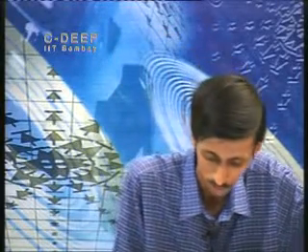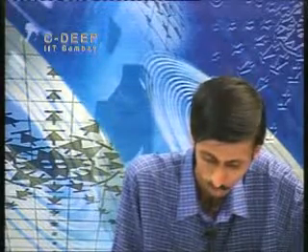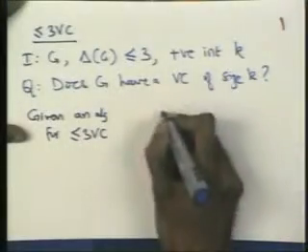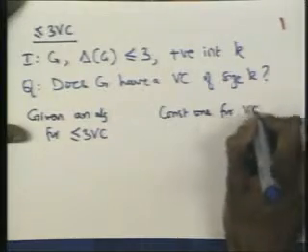The trick was this. We are given an algorithm for less than or equal to 3 VC, and we want to construct one for VC.